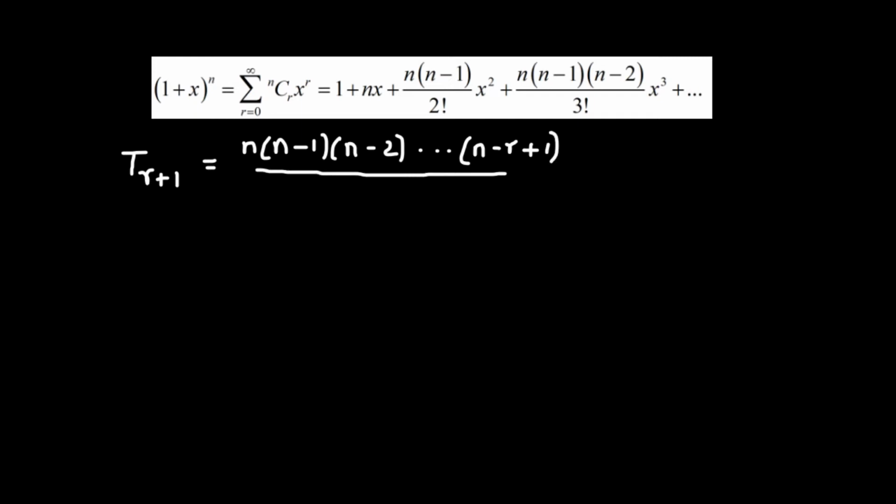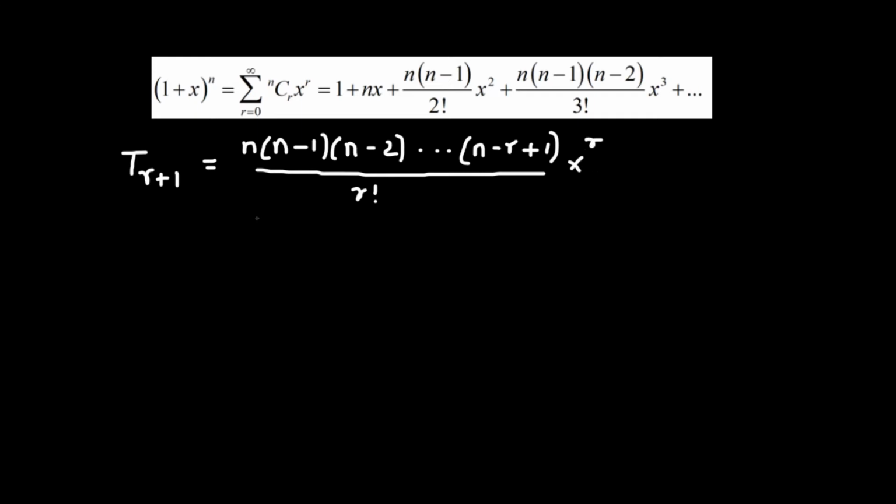And when we expand this series, we get 1 plus nx plus n(n minus 1) over 2 factorial times x squared, and so on. Now the general term of this expression is given by t(r+1) equals n(n minus 1)(n minus 2) all the way up to (n minus r plus 1) divided by r factorial times x raised to the power of r.